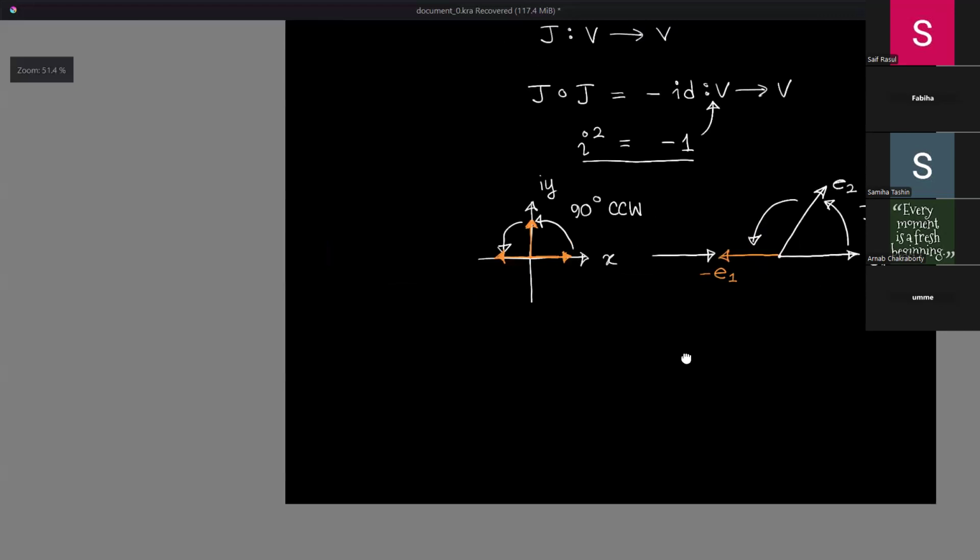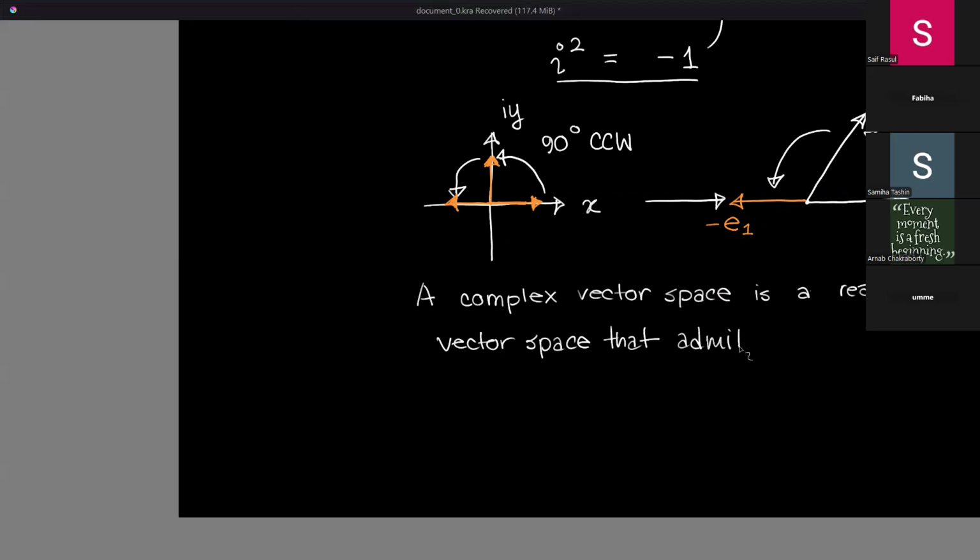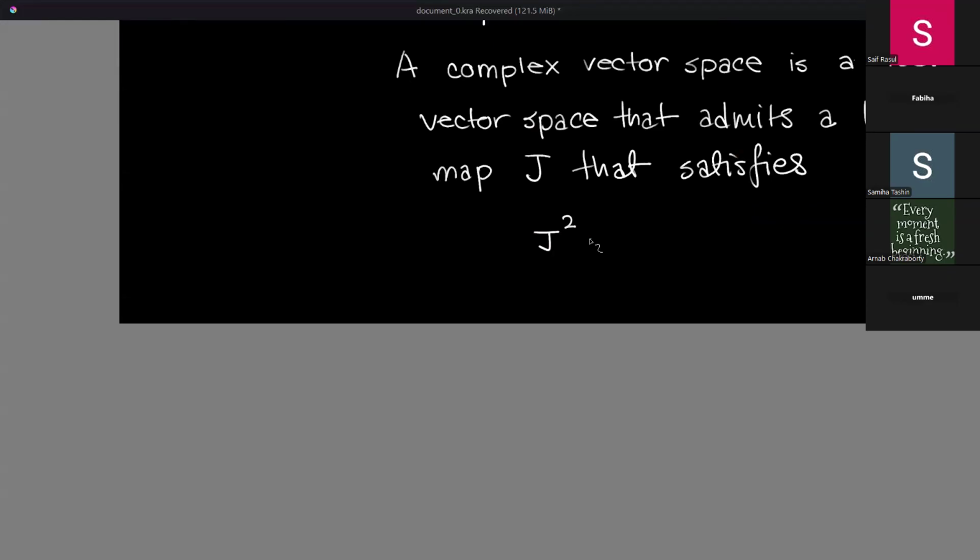So this is the complex structure. A complex vector space is a real vector space that admits a linear map J that satisfies J squared is equal to minus identity.